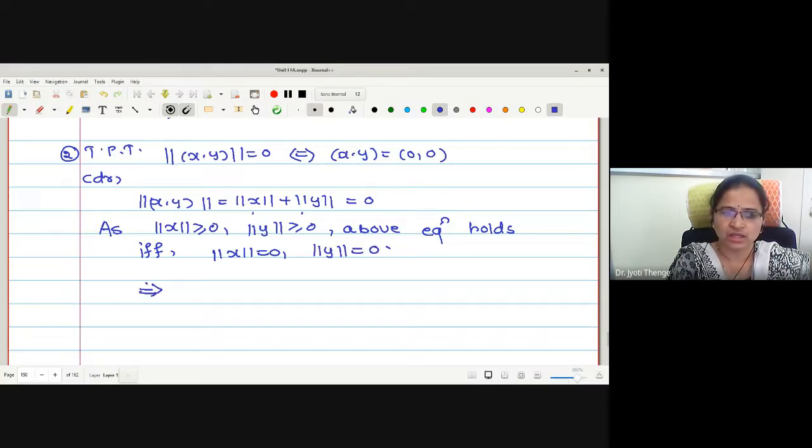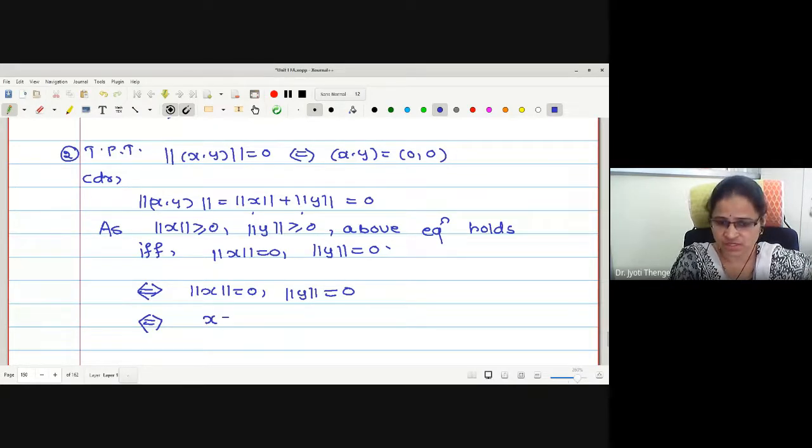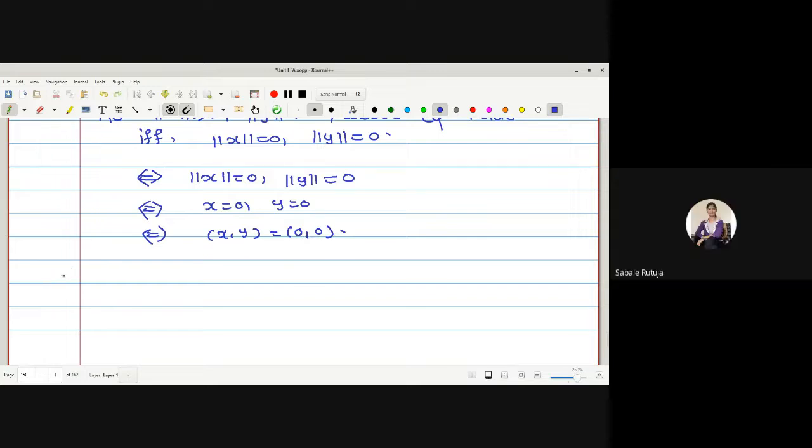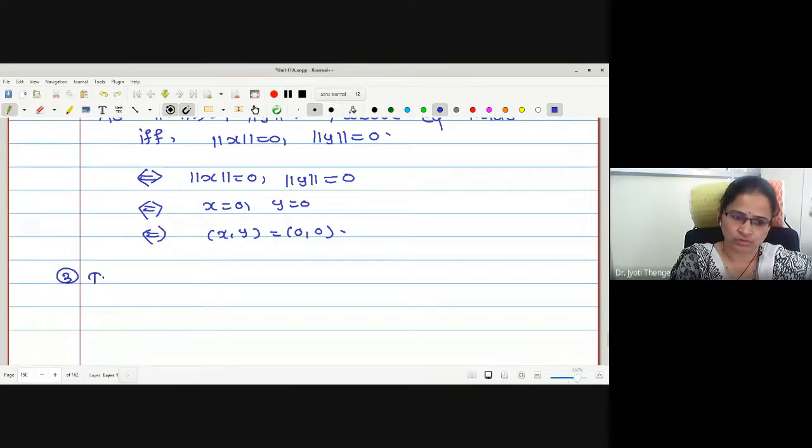Therefore, the above statement implies and is implied by norm x equal to 0, norm y equal to 0. But since the two spaces N and N dash are normed linear spaces, x is 0 and y is 0. Therefore, combined, this vector xy is 0, 0. Third condition we will go for.